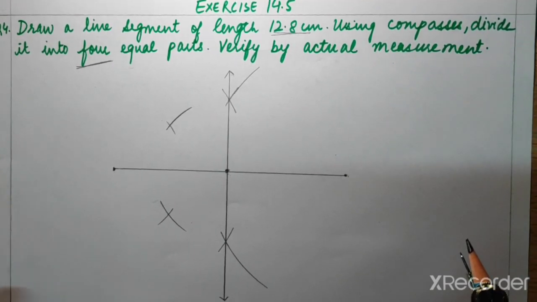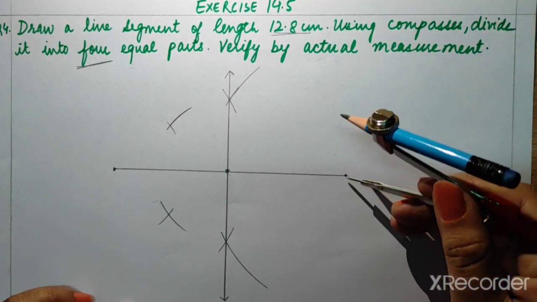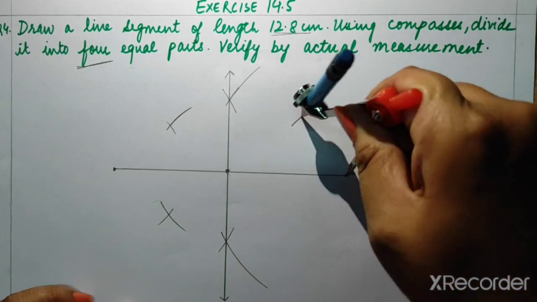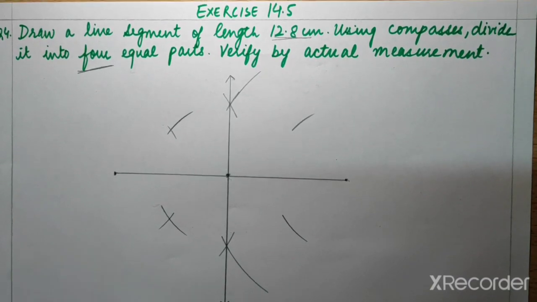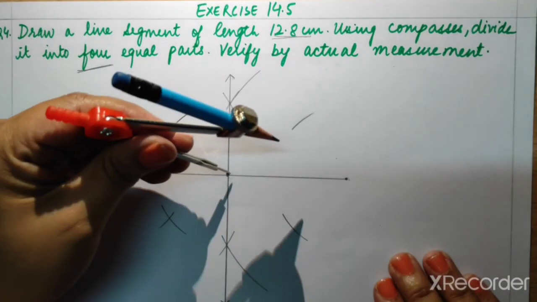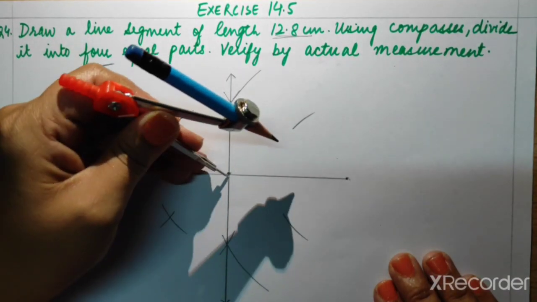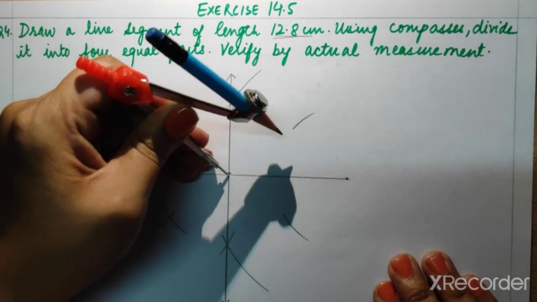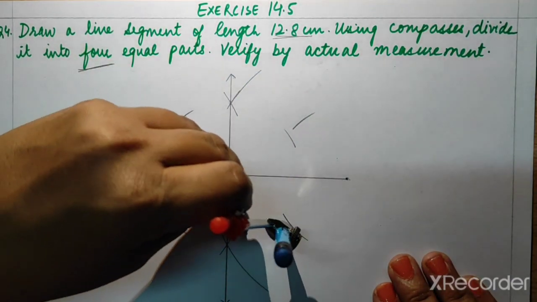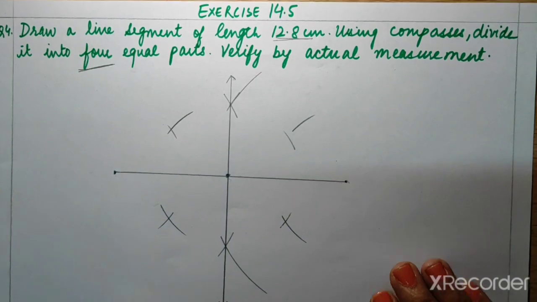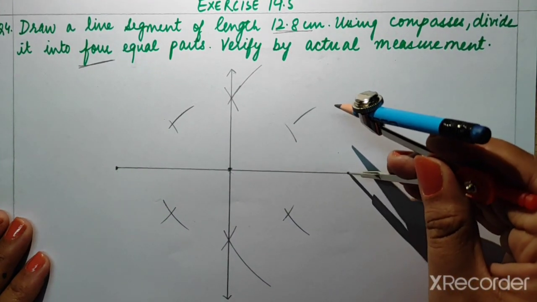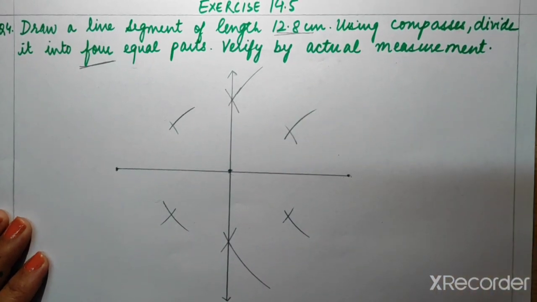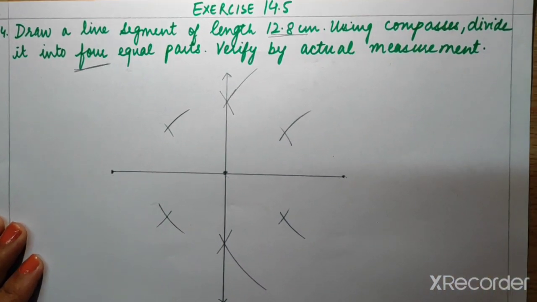So just check, this was the end point, so I am going to draw an arc here and below the line segment. Then this was the other half. Again check, my arcs are not cutting each other. So what I need to do, I have to extend the arc from this side, right? This way I have extended the arc.